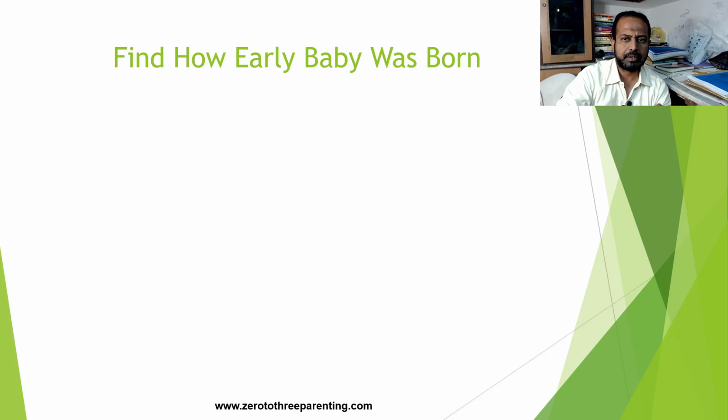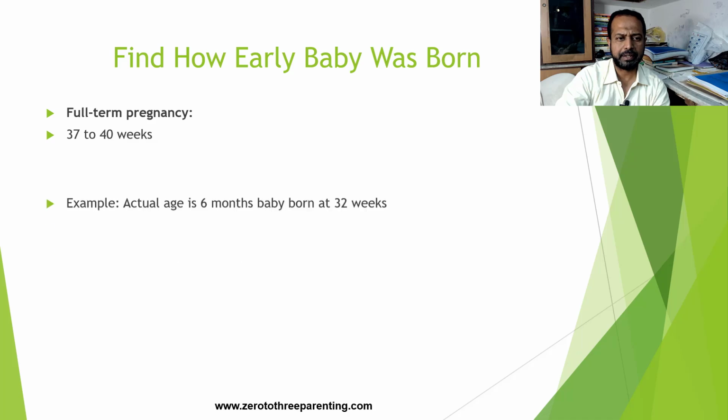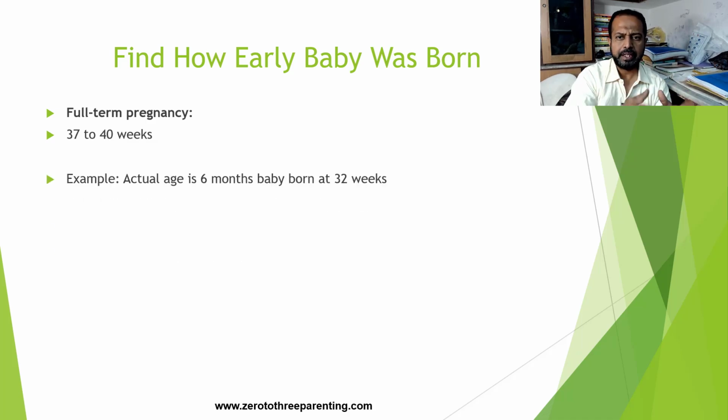How to find out corrected age? For example, full term pregnancy is 37 to 40 weeks. Here I am going to give one example. If the present age of the child is 6 months, and the child was born at 32 weeks, how do we calculate the corrected age for this infant? The baby is born around 32 weeks. Compared with full term, we consider 40 weeks as a full term pregnancy.